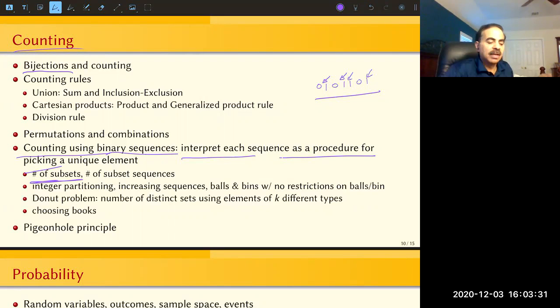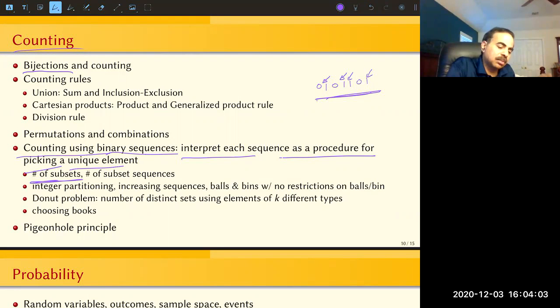So if we have a way of representing each unique way to pick an element as a binary string, and if we can show that every binary string corresponds to one way of picking a unique element, then we can simply count the number of possible binary strings as the count, right?